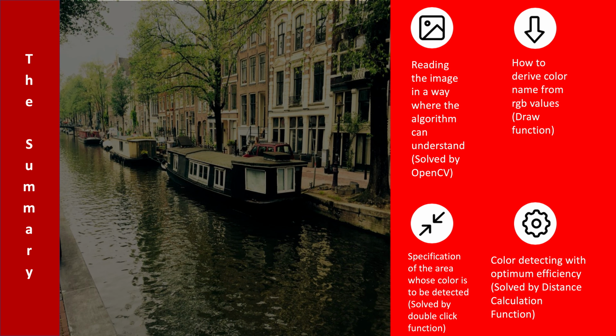So in summary, this was a quite simple project, not complex at all. All we did was create an OpenCV object and an Argpass, which can derive images from the paths that we provide. Then we created a draw function, which defined when to take the RGB values and of what area, so what XY coordinates, and how big the window is going to be around it.